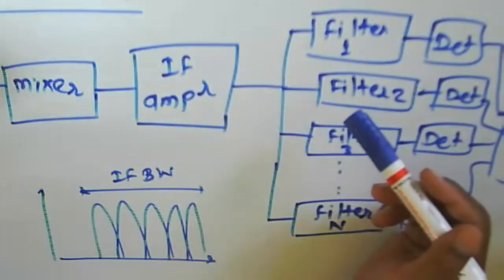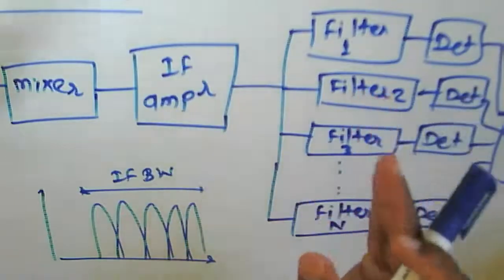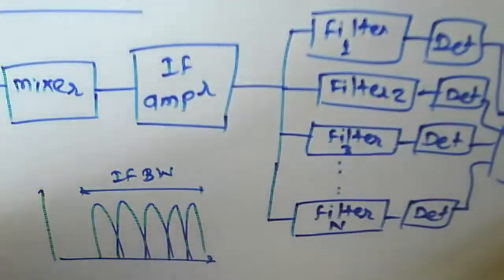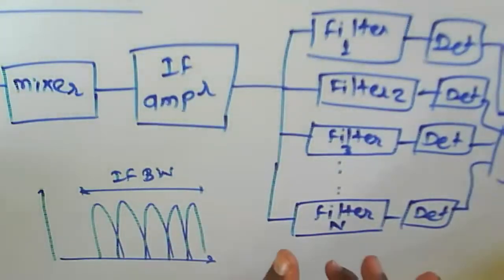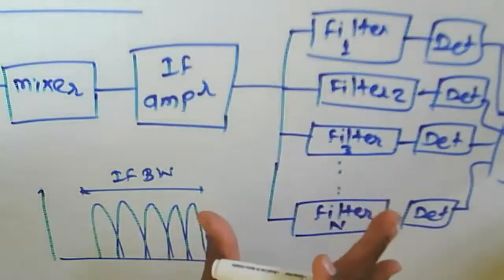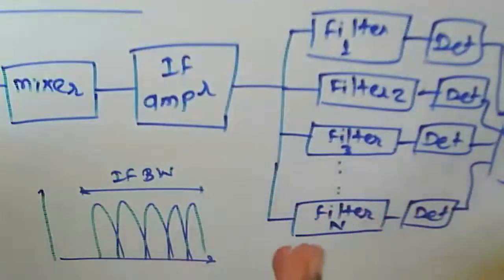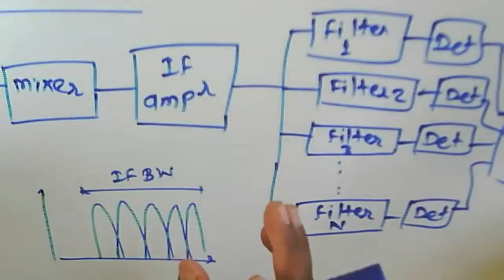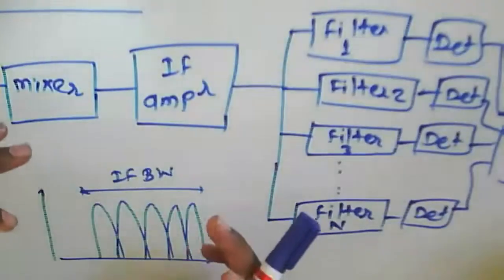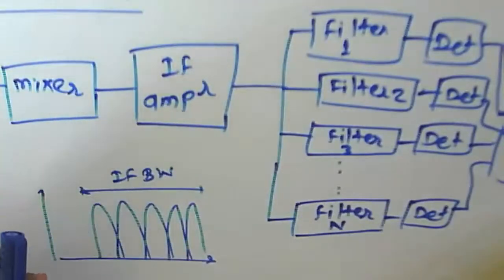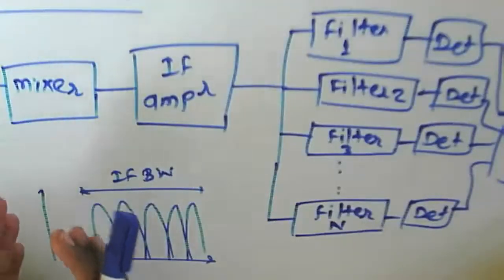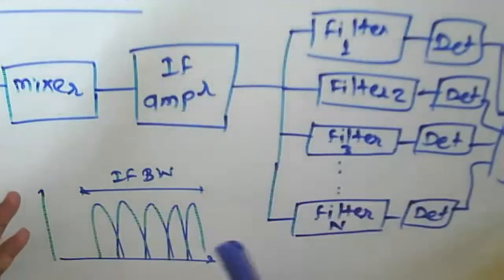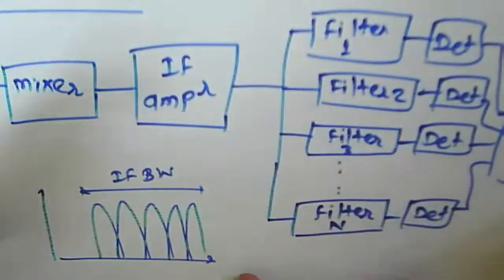So what will happen there? We are supposed to consider the total wide band of operation to improve the signal to noise ratio. If we are not using a separate filter, the signal to noise ratio will decrease. There will be a reduction. So we can consider a filter in such a way that the band is separated out, then there will be wideband operation and the signal to noise ratio will be improved.